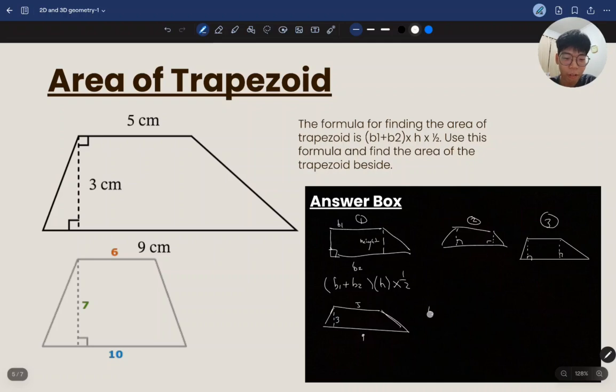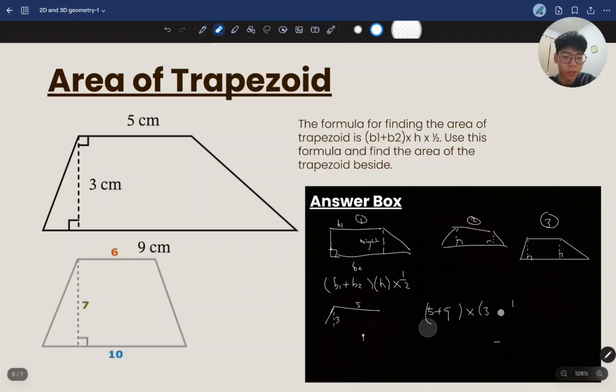So we add 5 plus 9, which is 14, times 3, times 1 over 2. 14 times 3 times 1 over 2. 42 times 1 over 2, which equals 21 centimeters squared, because it's finding the area.